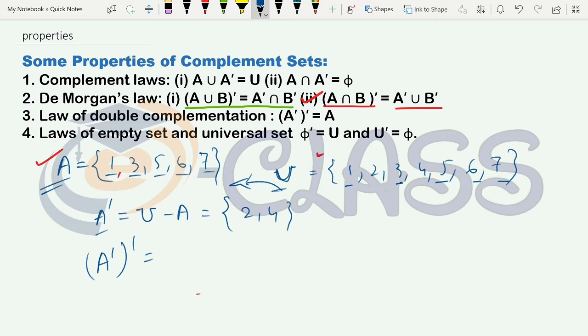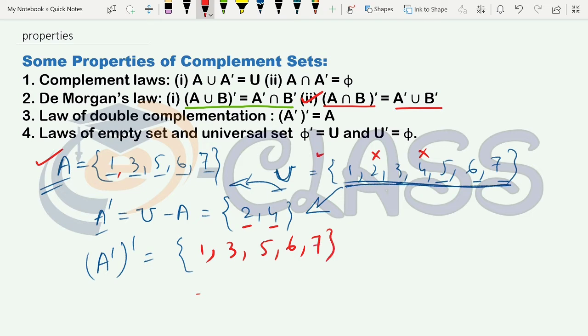For (A complement) complement, we have to write the elements of the universal set which do not belong to A complement. A complement contains 2 and 4, so we cross out 2 and 4 and write the remaining elements, that is 1, 3, 5, 6, 7.